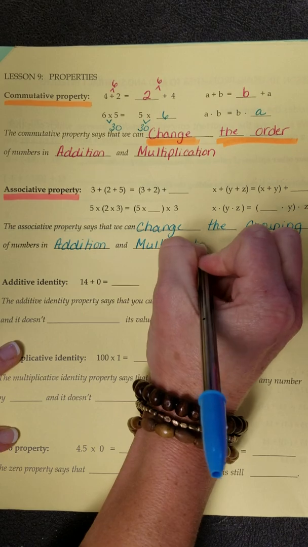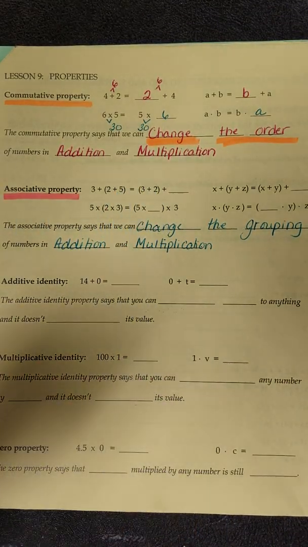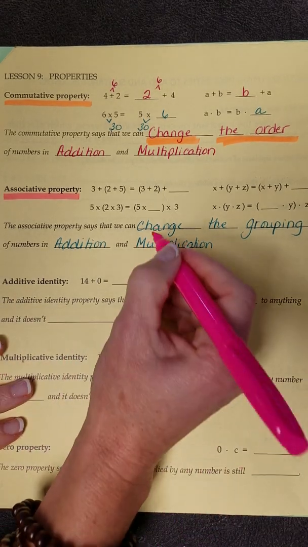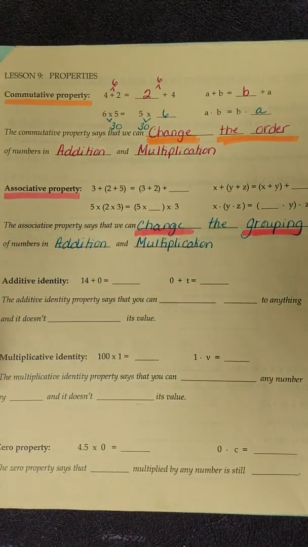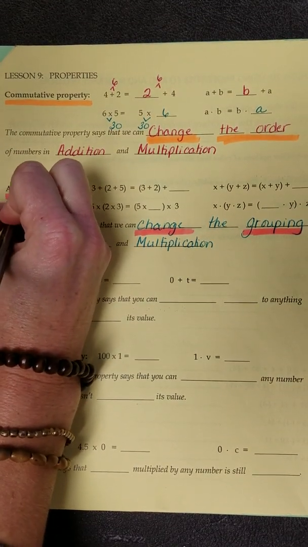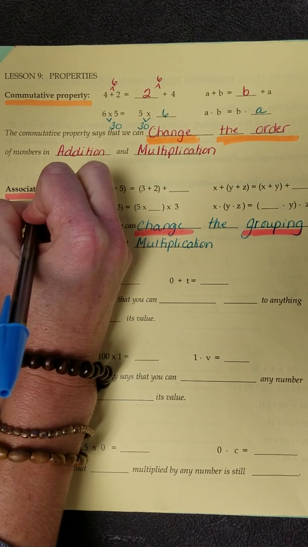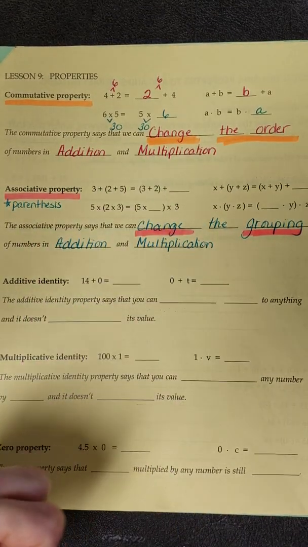So we know that numbers are grouped together based on the fact that they are in a set of parentheses. So the associative property uses parentheses, and it says that we can change the grouping. So one important thing, the associative property has parentheses. I hope I spelled that right.